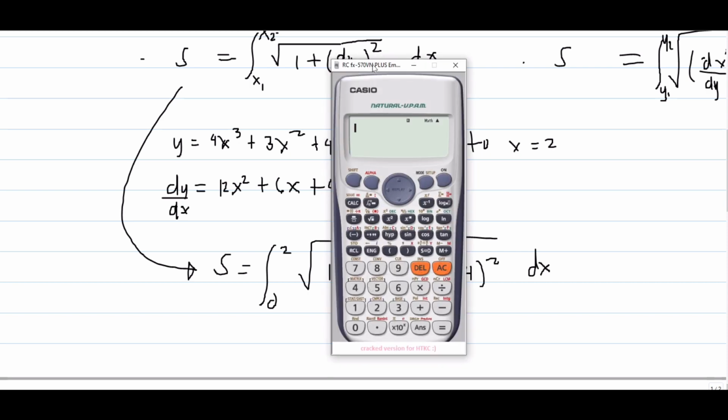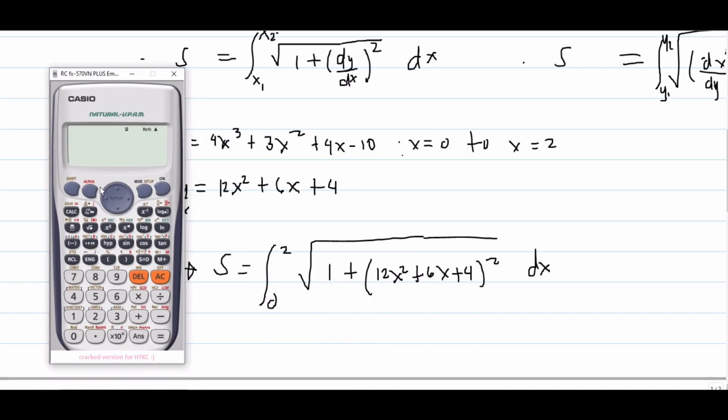So if you use our calculator to calculate the equivalent length, that would be the integral from 0 to 4.